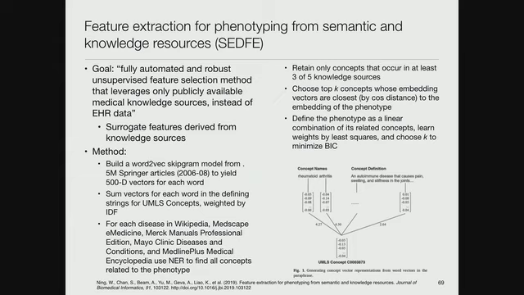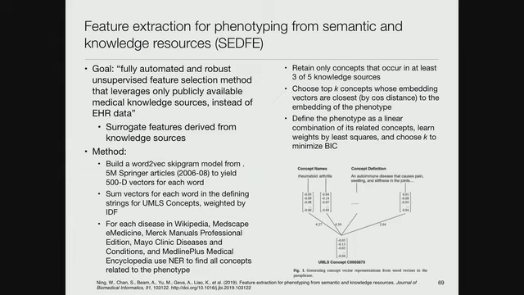And then what they did is they took the concept names that they were interested in and their definitions from the UMLS. And then they summed the word vectors for each of these words, weighted by inverse document frequency. So it's sort of a TF-IDF-like approach to weight different words.